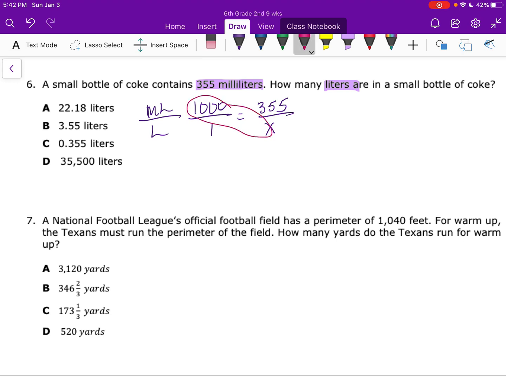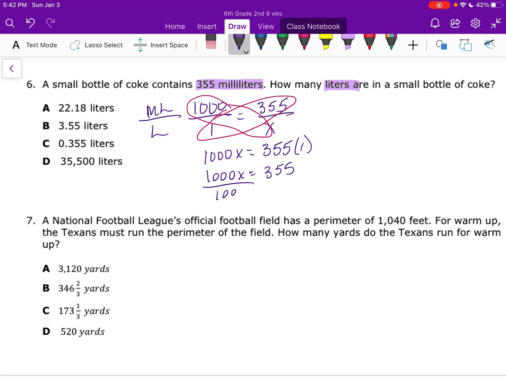Cross multiply. So 1,000x equals 355 times 1. 1,000 times something gives me 355. I don't know what it is, so I'm going to divide, and x is going to equal... 1,000 can't go into 3, it can't go into 35, it can't go into 355, but it can go into 3,550 3 times.